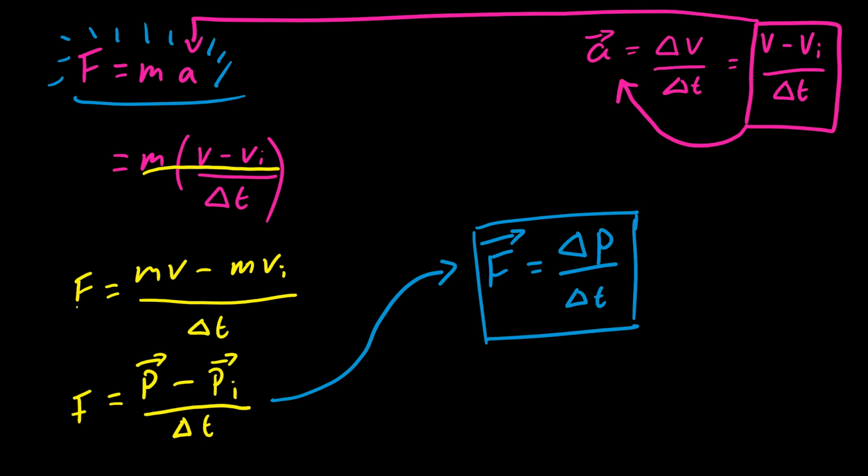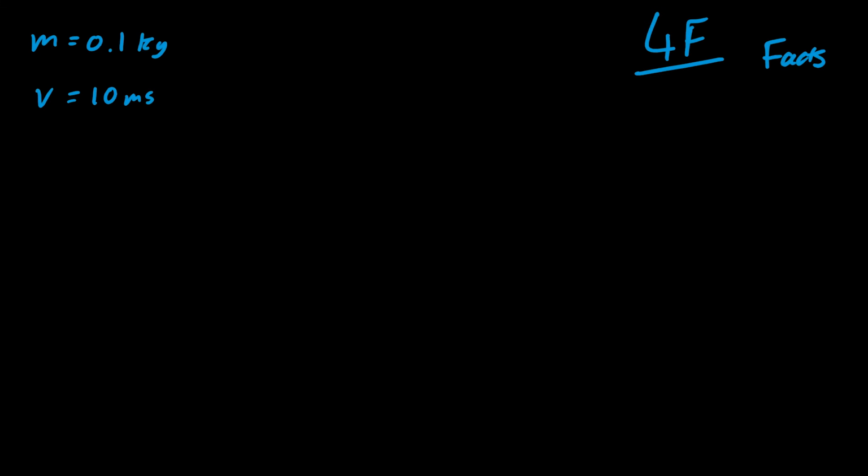Okay, let's go to a math board, and we'll move that out of the way. We'll use our 4F method like normal, starting with the facts. So we have a mass equal to 0.1 kilograms. We had an initial velocity equal to 10 meters a second.